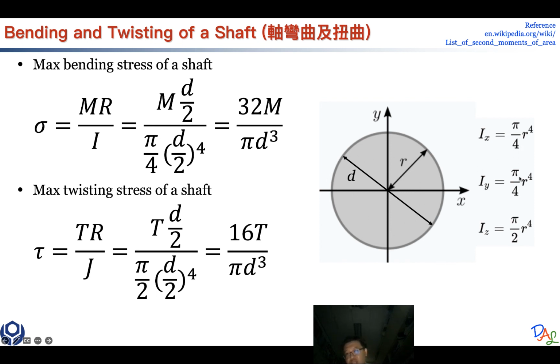That's why J is double Ix. So over here this is pi over 2, not pi over 4. And since we have this, at the end we have 16T over pi d cubed. Also a very important equation because we will use it later on.